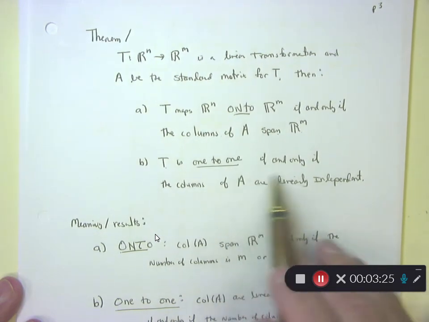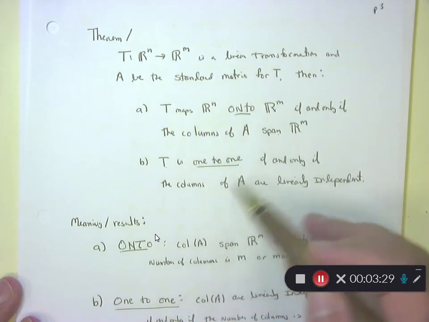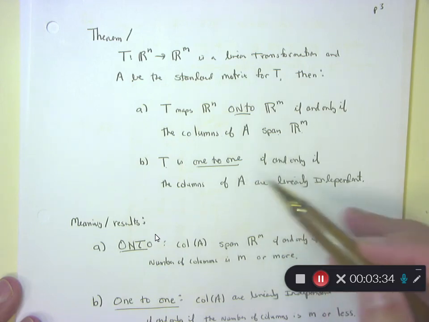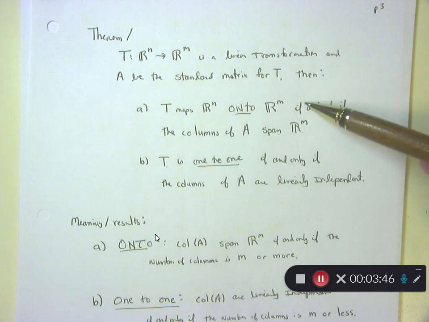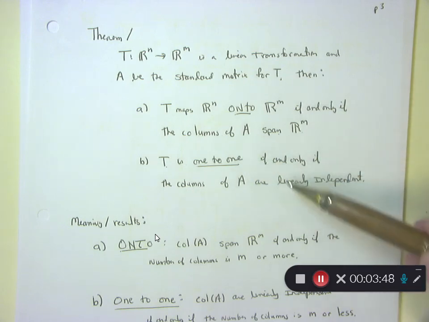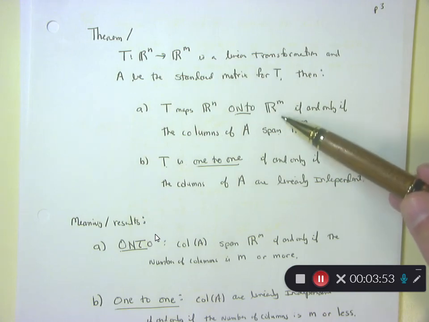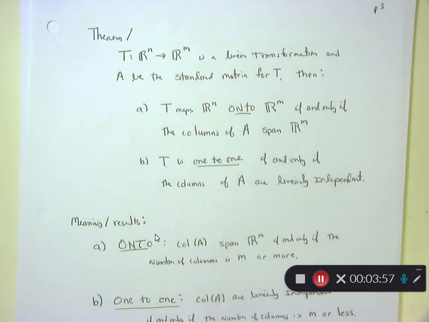And to be linearly independent means that if I do c1 times your first column plus c2 times the second column plus dot, dot, dot, plus cm times the last column, and I set it equal to 0, the only solution has to be c1 equals 0, c2 equals 0, c3 equals 0. Okay? So here's that idea of onto and one-to-one. One-to-one, the columns of A are going to be linearly independent. Onto Rm, the columns of A are going to span all of Rm. Okay?